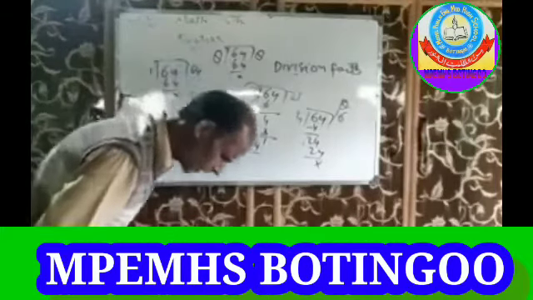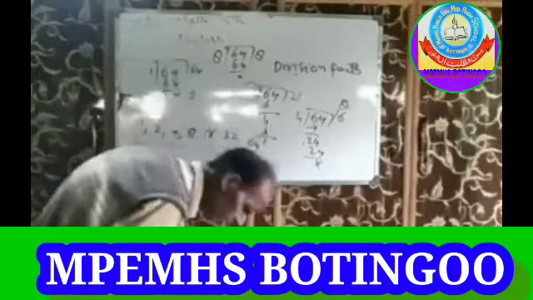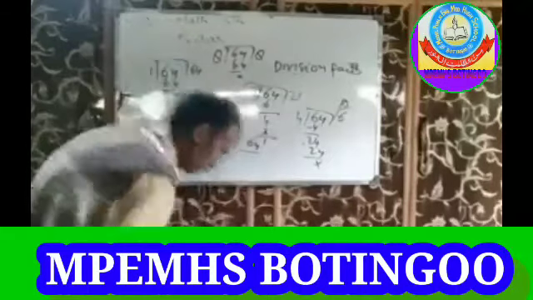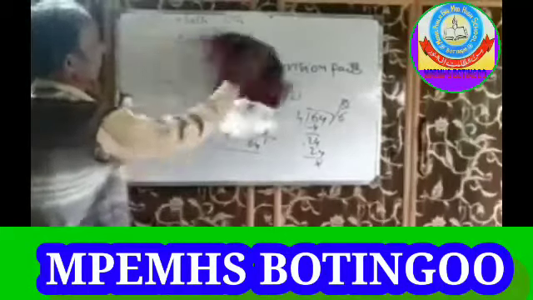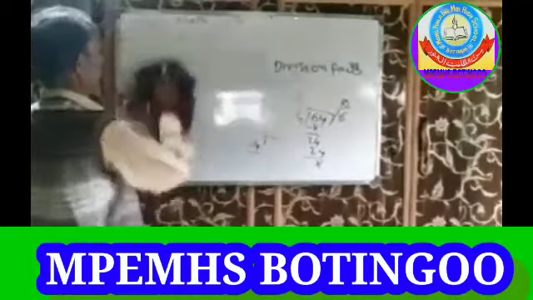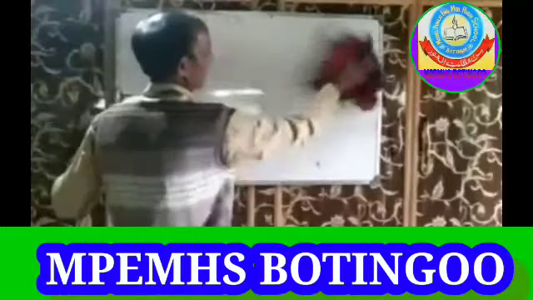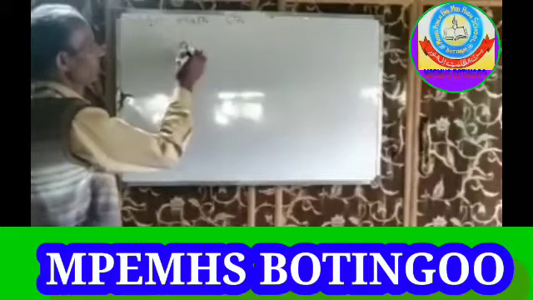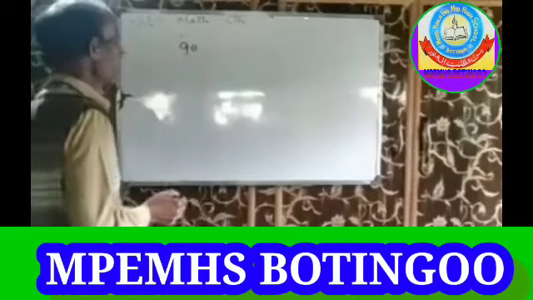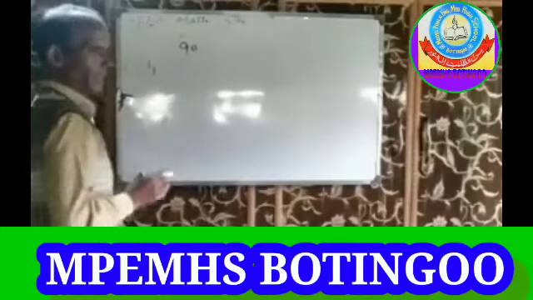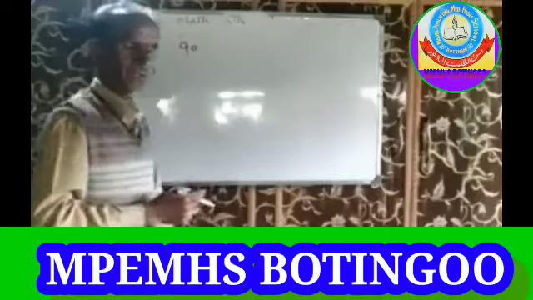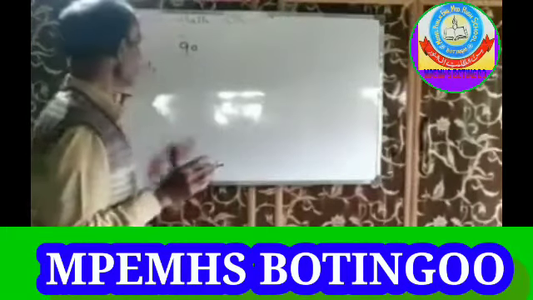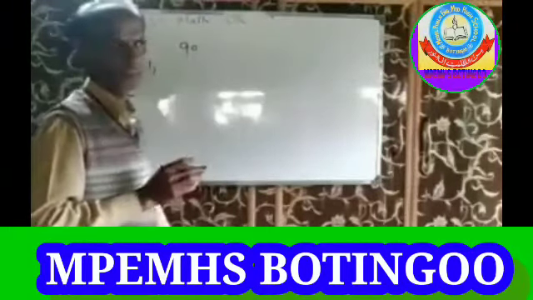After that, there is another number, that is 90. 1 is a factor of 90 because we have already proved that 1 is the factor of every number. So 1 becomes a factor of 90.